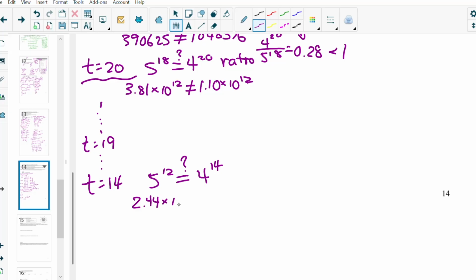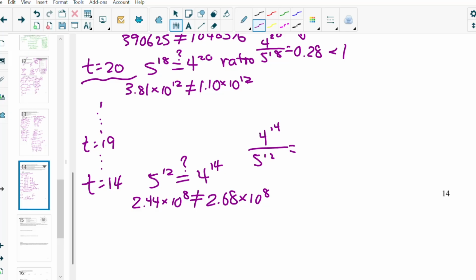Well, that's 2.44 times 10 to the 8th, which does not equal 2.68 times 10 to the 8th, but that is pretty darn close. Let's do the ratio: 4 to the 14th divided by 5 to the 12th.